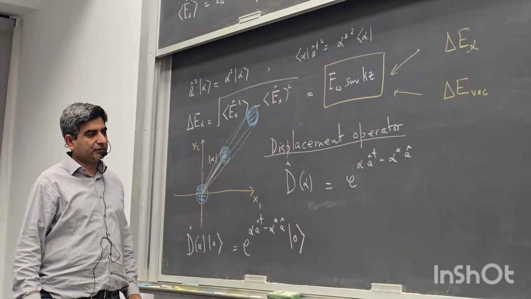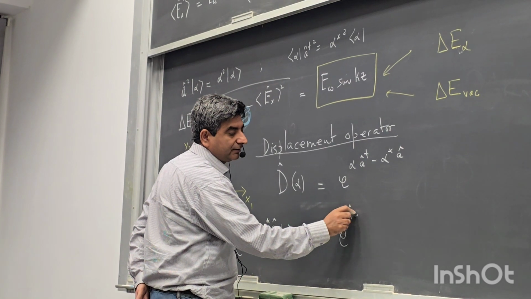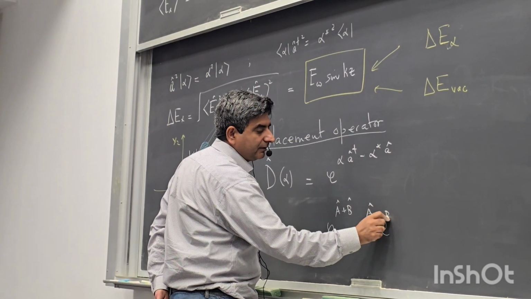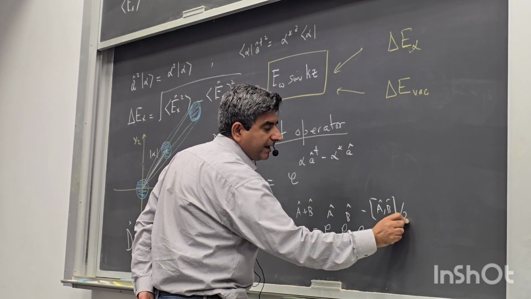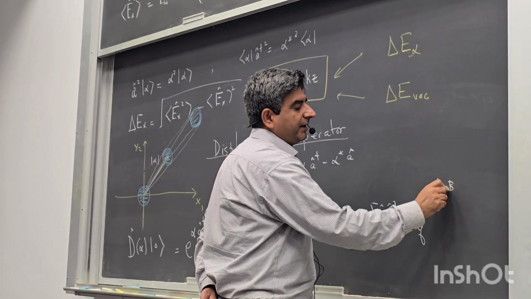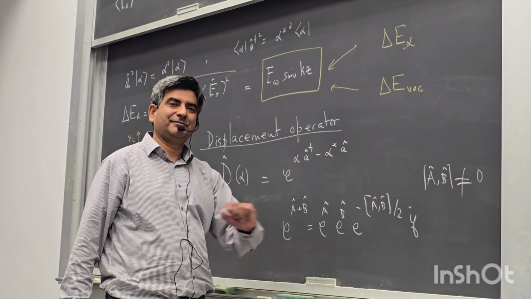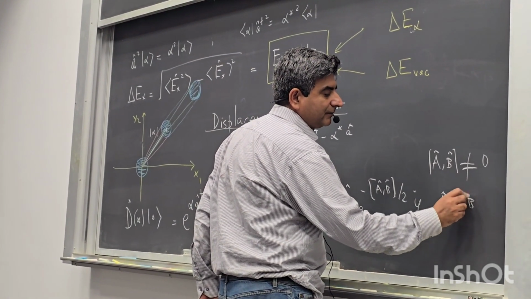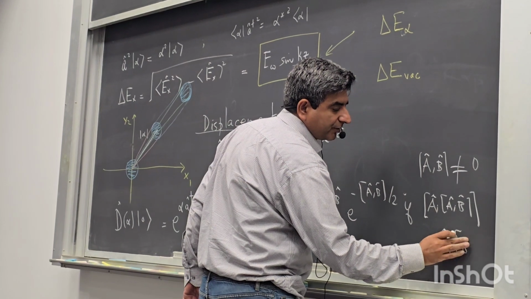But I have a theorem which is called the Baker-Campbell-Hausdorff formula, that if I have e^(A plus B), then this becomes e^A e^B e^(minus AB over 2), if the commutator of A and B is not 0, but the commutator of A with the commutator of A and B equals the commutator of B with the commutator of A and B. If the commutator of A and B is 0, then this will be true.